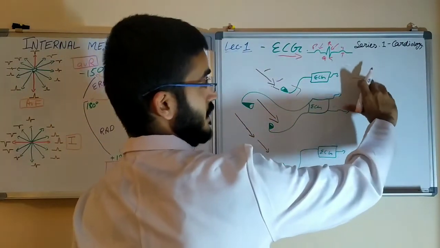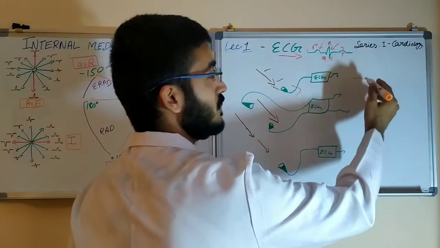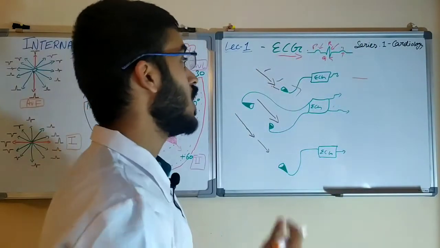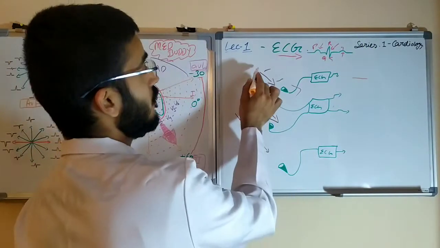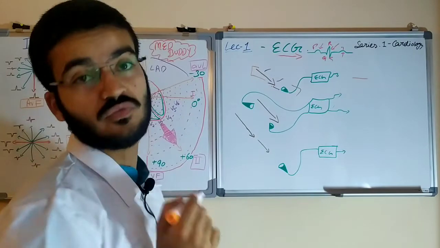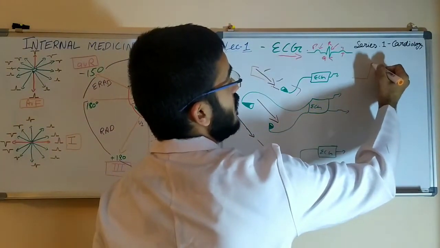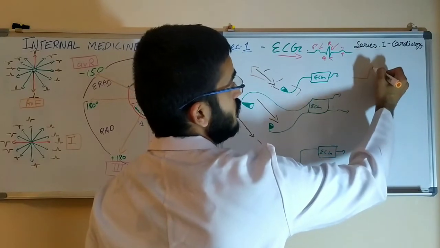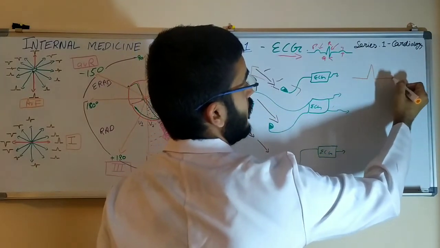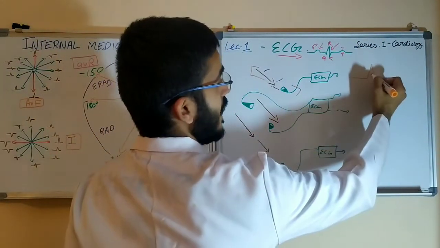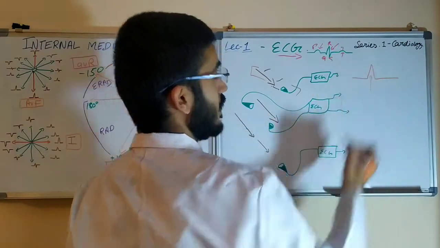But the height or amplitude of this upward moving wave is going to be decided by the magnitude of this vector. So it is something like this, an upward moving wave with some magnitude, and in this wave the amplitude is the magnitude of the vector.